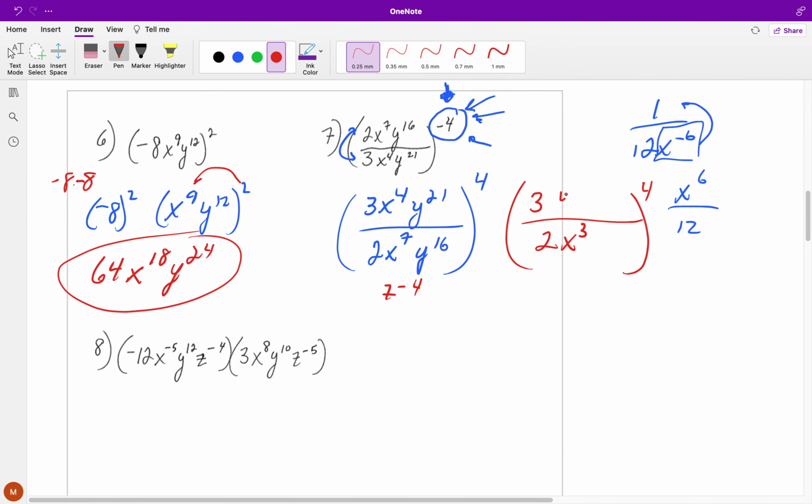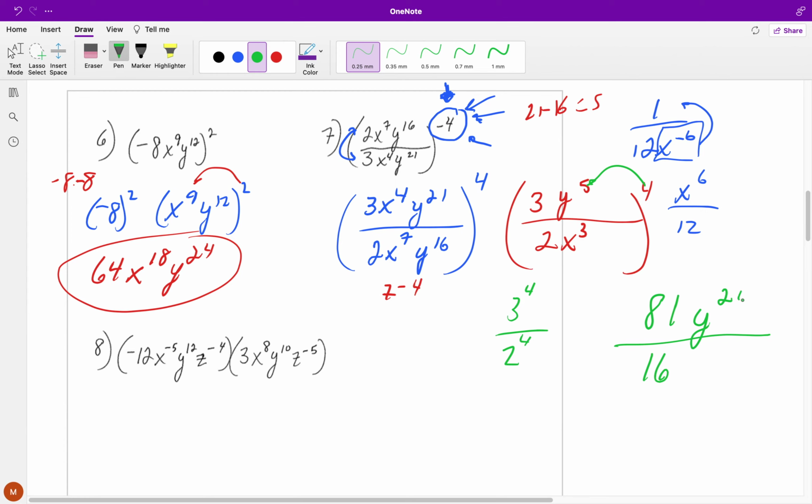I have more y's in my numerator, so I know y is going to end up there. And 21 minus 16 is 5, so it's going to be y to the 5th. And now I just am going to raise everything to that 4th power, so it becomes 3 to the 4th power over 2 to the 4th power, which I know is then going to give me 81 over 16, and you're allowed to use a calculator. And then we multiply, so it becomes y to the 20th and x to the 12th.